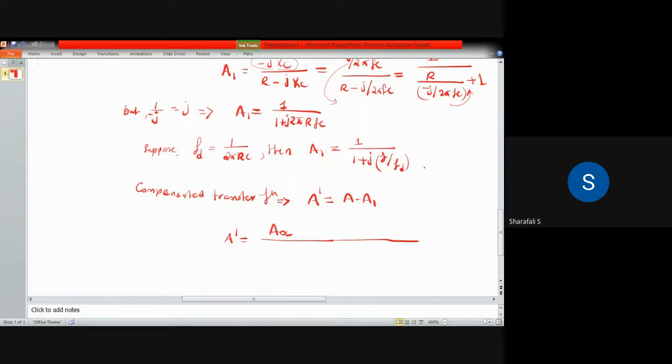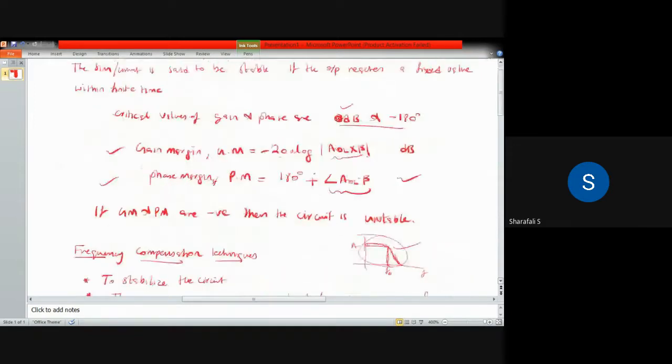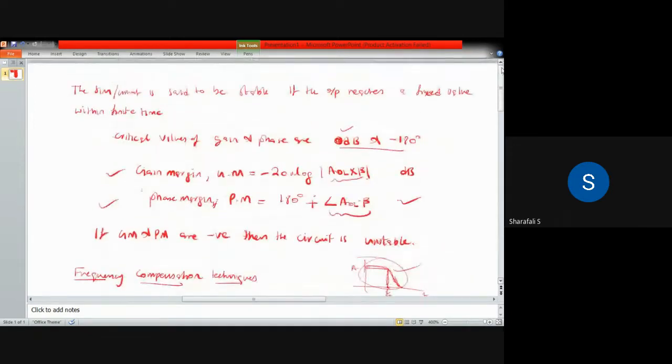So now we have A already. We have A without compensation, which we already defined.